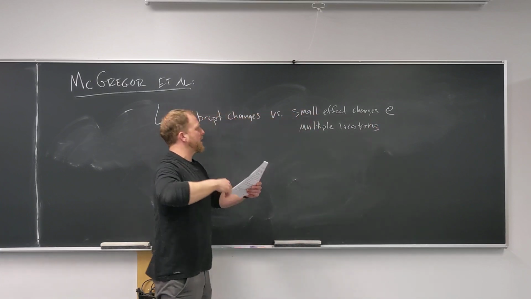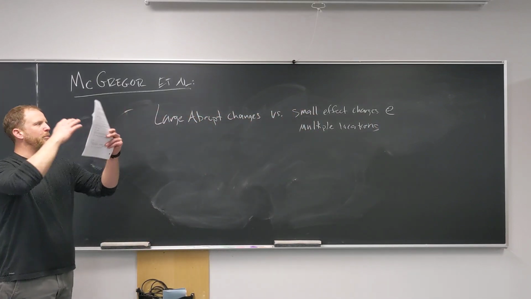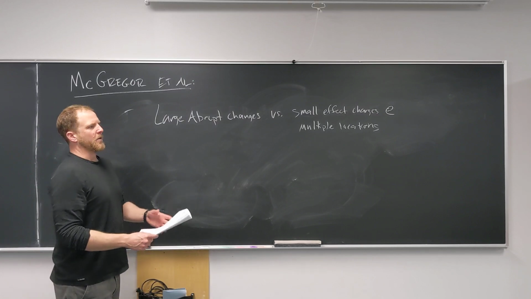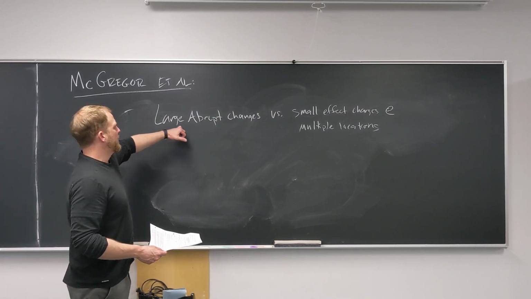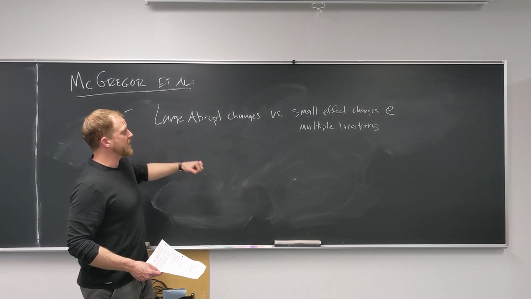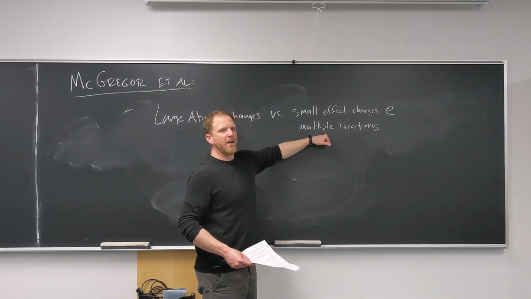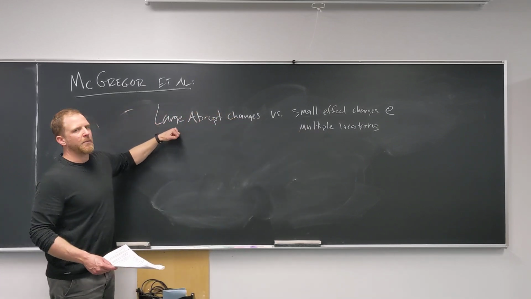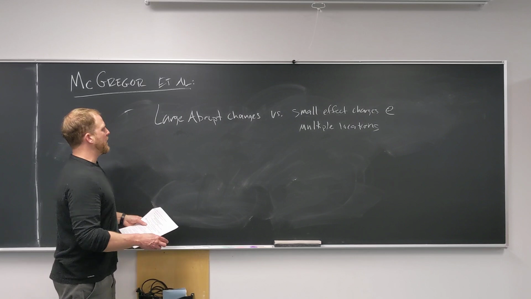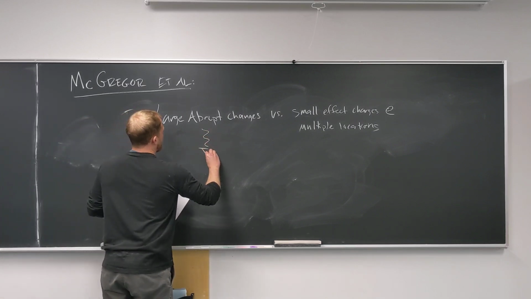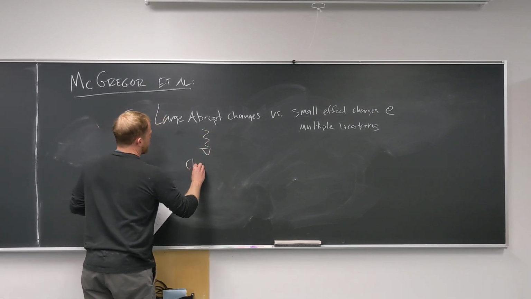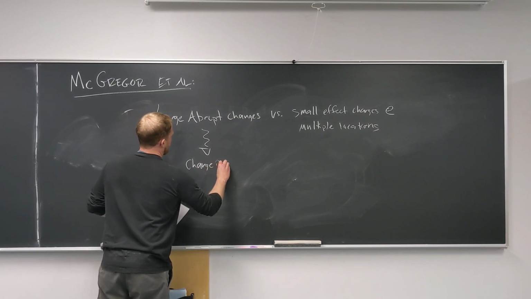This is when they set up their introduction, they set up this big either-or situation. So previous research has suggested that this is how evolution occurs, or this is how evolution occurs, but this doesn't quite explain how we see these large abrupt changes. And so in the case of this paper, the large abrupt change that they're looking at is actually the change in SVB expression.